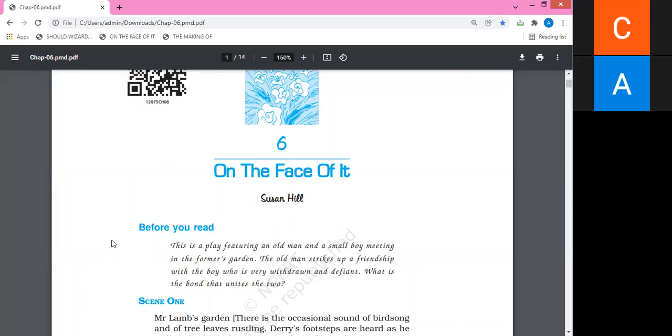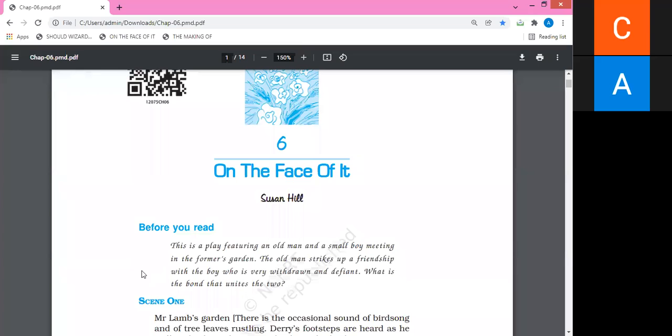First sub-theme, sense of loss. Second sub-theme, sense of isolation. And if we look at the entire theme of this particular play, that is, how can we overcome such types of losses or such types of isolations.